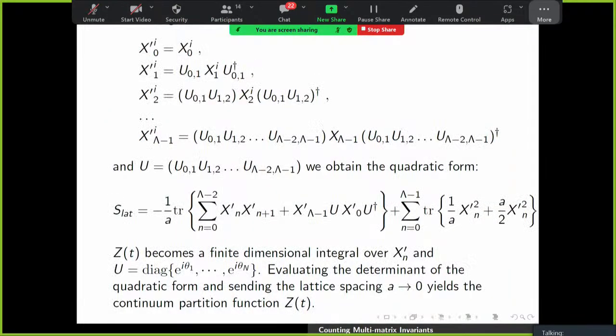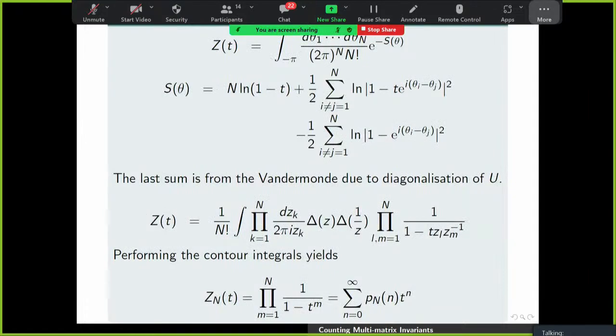One has a quadratic form in the end in terms of the x's, which had to be evaluated. Take the lattice spacing back to 0, and you get this action integral, that Z is this integral over the remaining variables after diagonalizing this U, this residual gauge transformation.